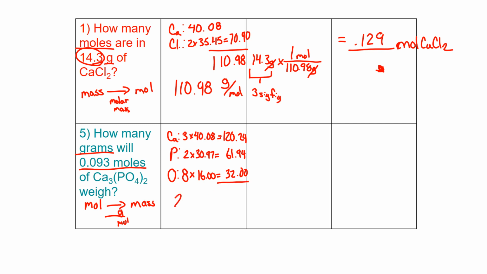Oh, duh. Sorry, I put in the wrong number. My brain just went. Thank you. 8 times 16 is not 32. Believe it or not, I have the right number sitting right in front of me, and I still wrote down the wrong number.